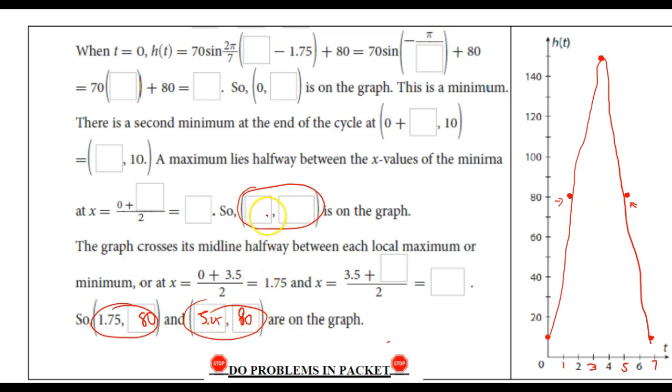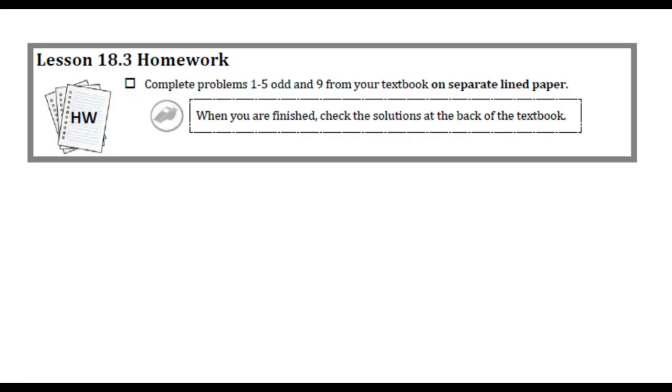And we also had on our graph a couple other values, like 7, 10, and a maximum value of 150. Alright, so I think this ends part B. Let's go ahead and, just like it says here, stop and do the problems in your packet, and we'll come back to go over your homework in just a moment.